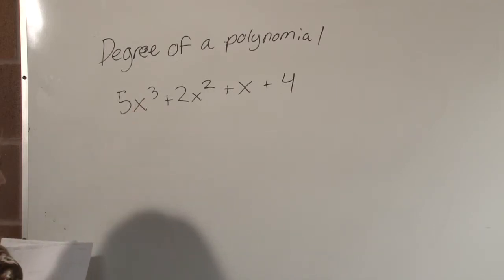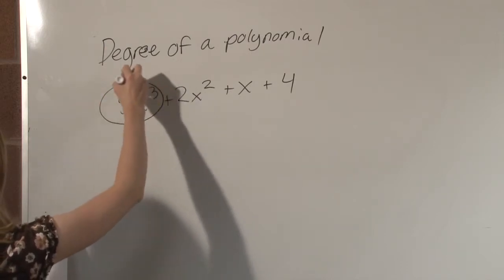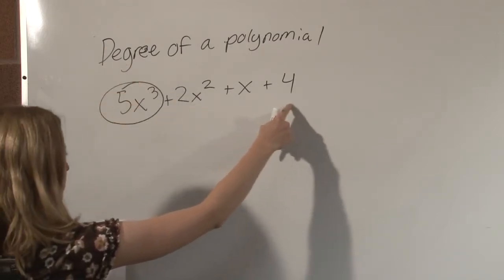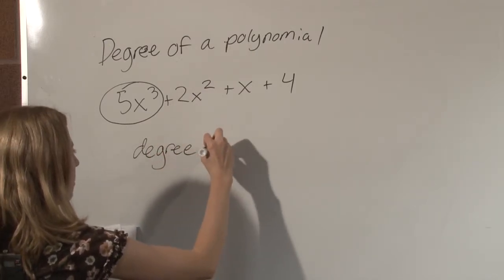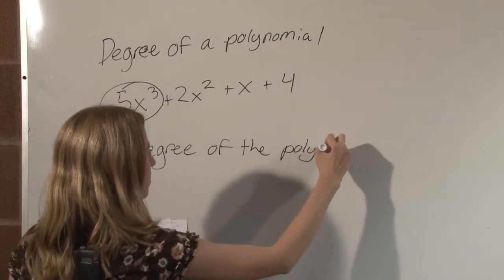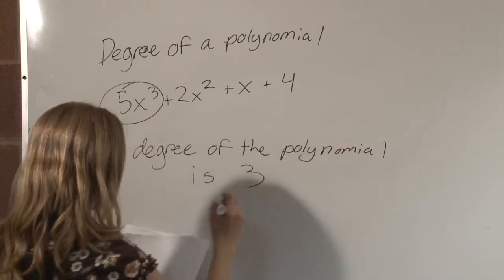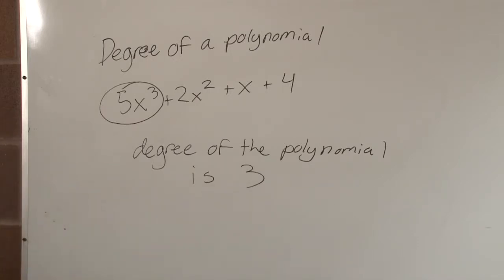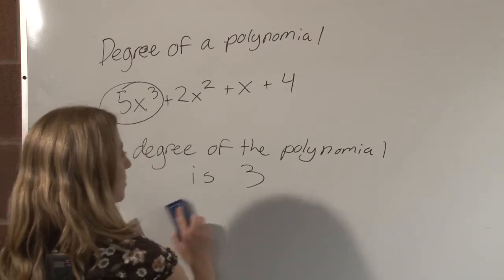And then that is going to be the degree of the polynomial. So 5x cubed has the highest degree of all the terms in this polynomial. So the degree of the polynomial is 3. Those are all the terms that you need for this section.